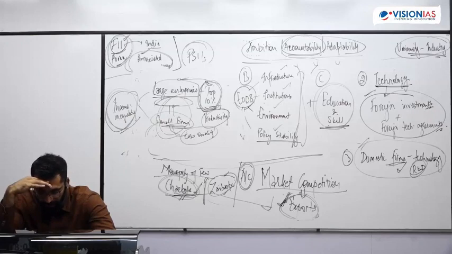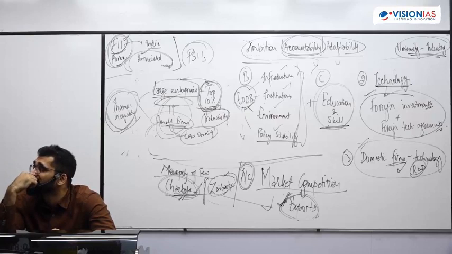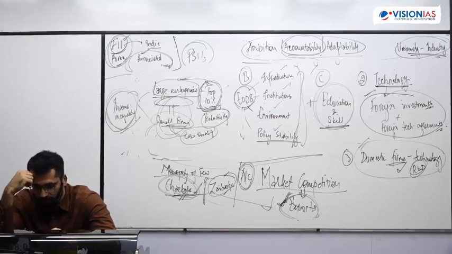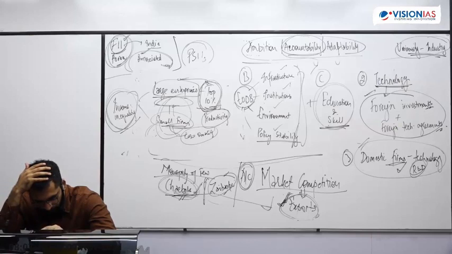Next is demand side constraints. The low level of per capita incomes and high inequality has led to market segmentation.